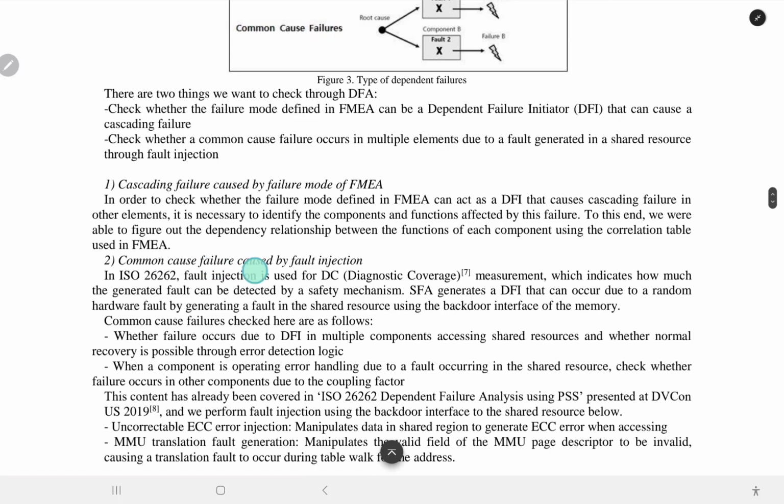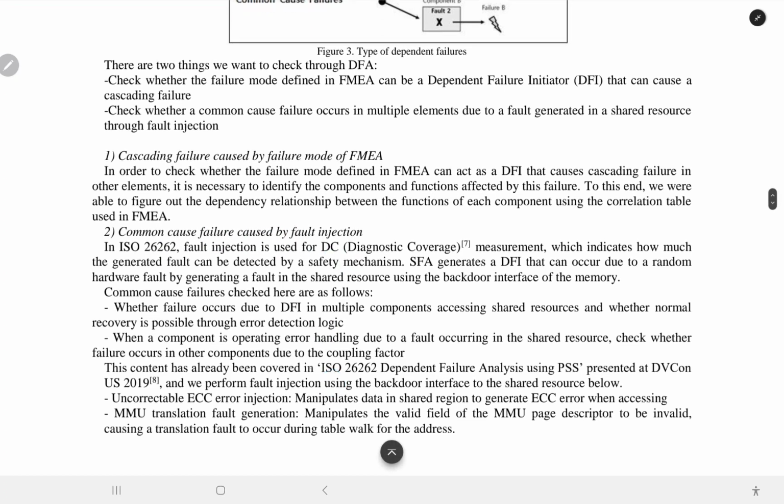2. Common cause failure caused by fault injection. In ISO 26262, fault injection is used for DC, diagnostic coverage measurement, which indicates how much of the generated fault can be detected by a safety mechanism.